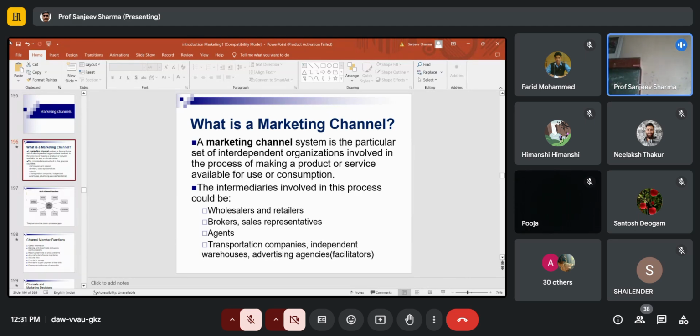One is when the company directly sells to the customers. Eureka Forbes, Amway, direct sales. And Oven Fresh doesn't sell through Zomato. Direct sales, no intermediary.